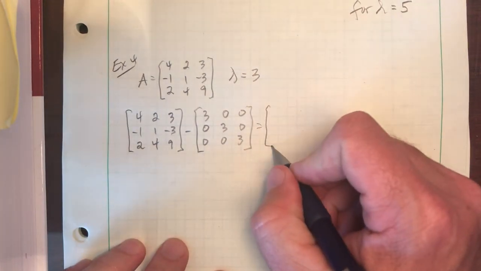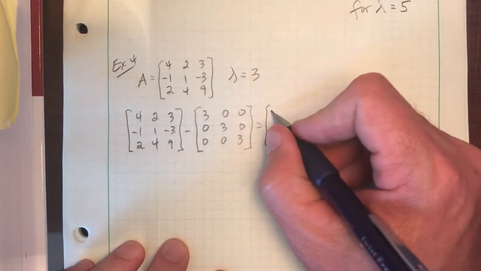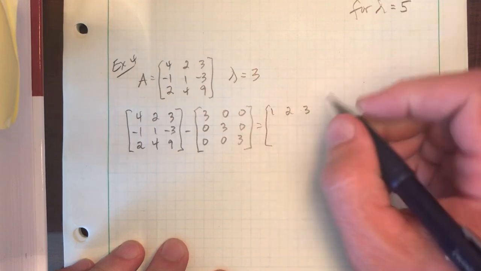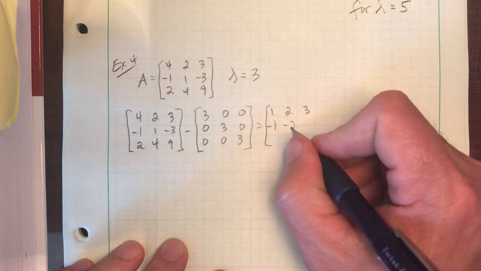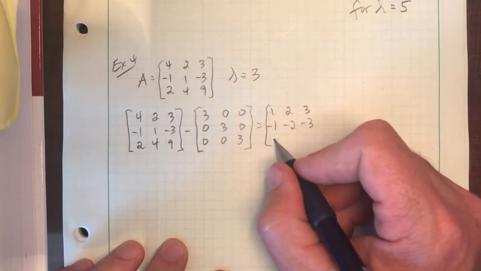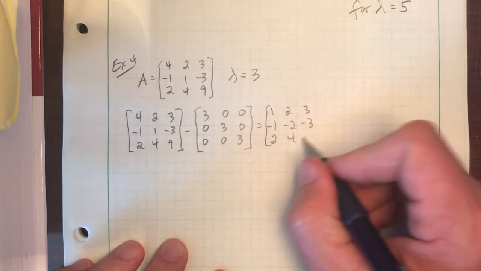And we quickly get 1, 2, 3 across the top, negative 1, negative 2, negative 3 down the middle, and 2, 4, 6.